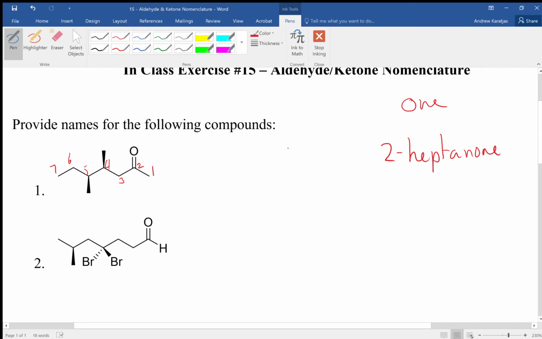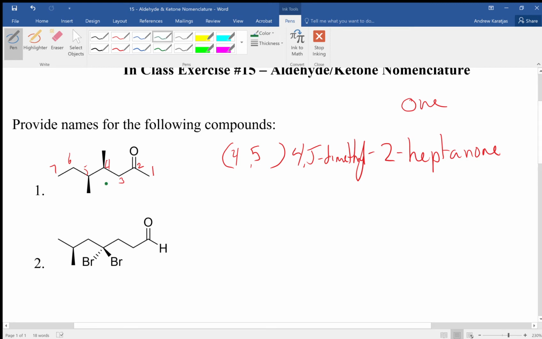In addition, we've got the pair of methyl groups at carbons 4 and 5, so this is 4,5-dimethyl-2-heptanone. But make sure you remember we're not quite done here, because we do have to account for stereochemistry. Both carbons 4 and 5 are chiral, so we need to assign R and S at both 4 and 5.